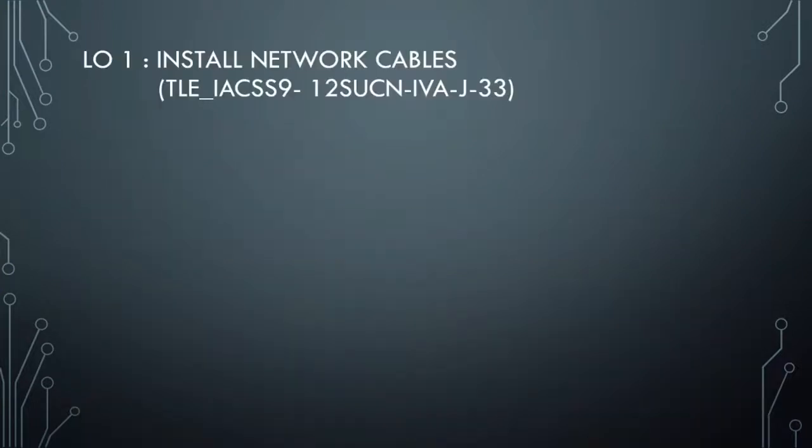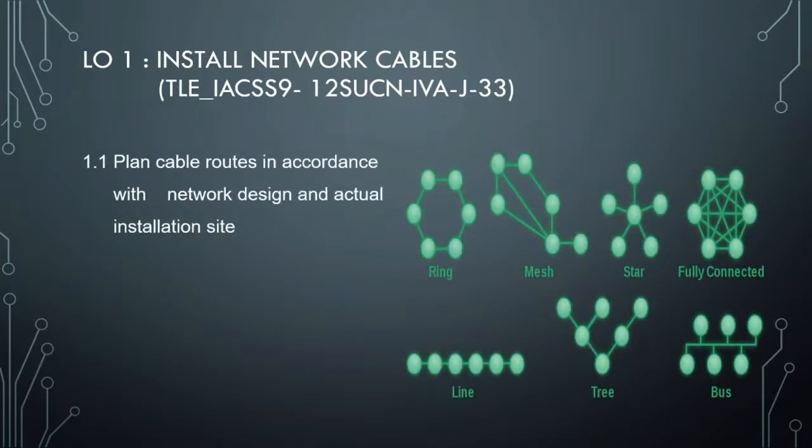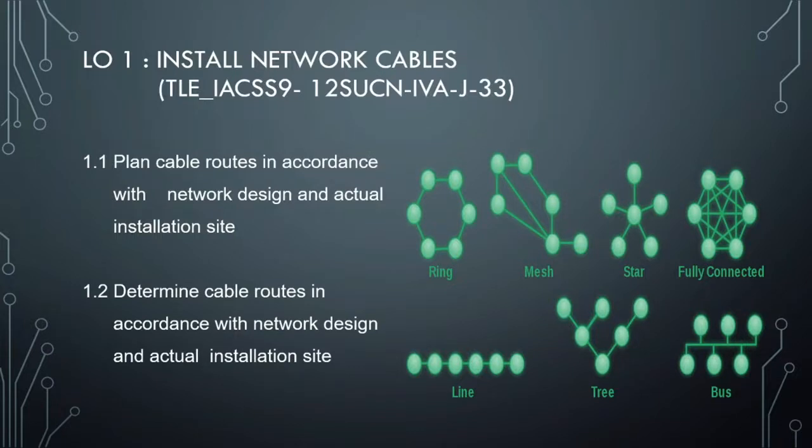Under Learning Outcome 1, which is install network cables, you will be able to first, plan cable routes in accordance with network design and actual installation site. Second, determine cable routes in accordance with network design and actual installation site.